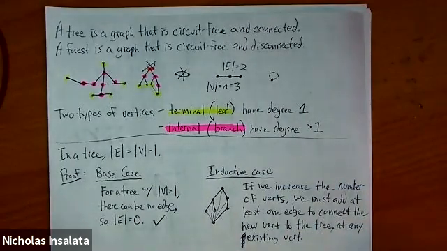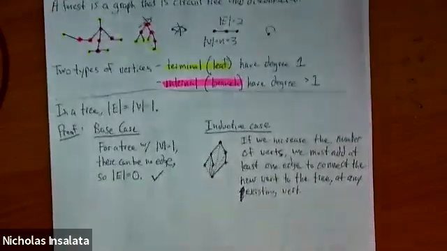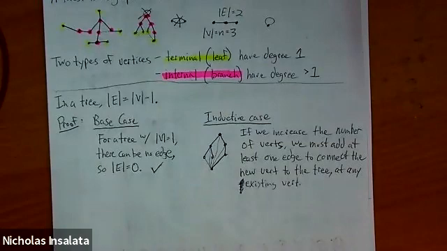Okay, so we know that we have to add at least one edge. What do you think the second part of this is going to be? At most one edge. Very nice, you're getting the lingo down. Good. So why can we add at most one edge for each vertex?